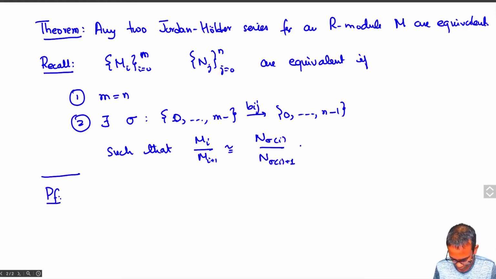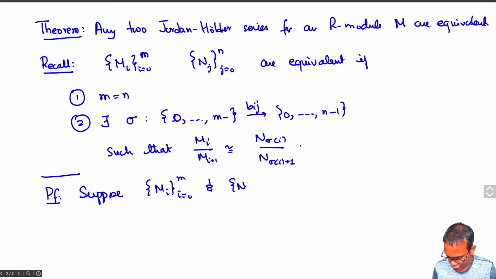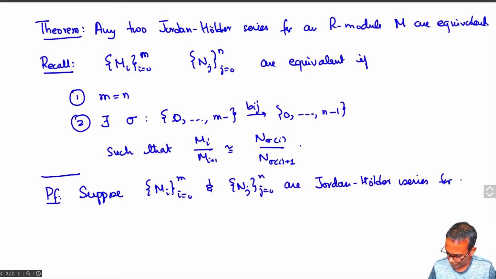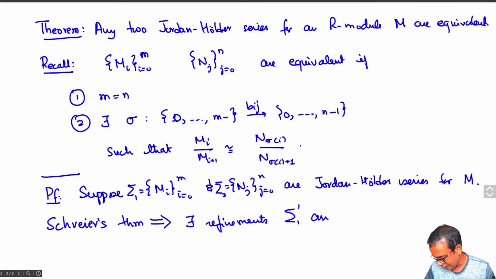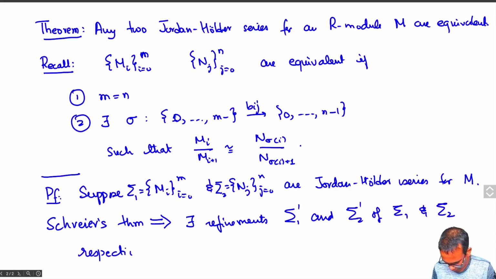So proof: suppose Mi, i equals 0 to m, and Nj, j equals 0 to n, are Jordan-Holder series for M. Then Schreier's theorem says that, let's call these sigma 1 and sigma 2, there exist refinements sigma 1 prime and sigma 2 prime of sigma 1 and sigma 2 respectively that are equivalent.